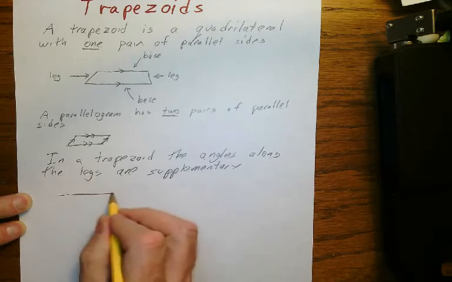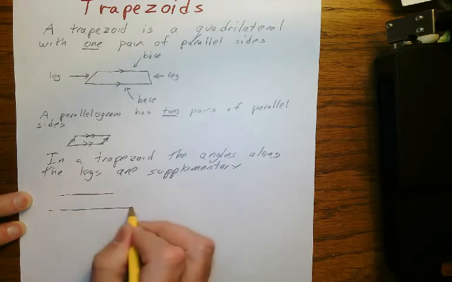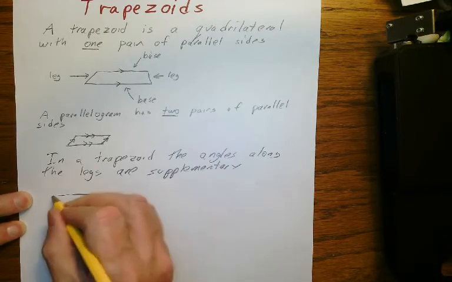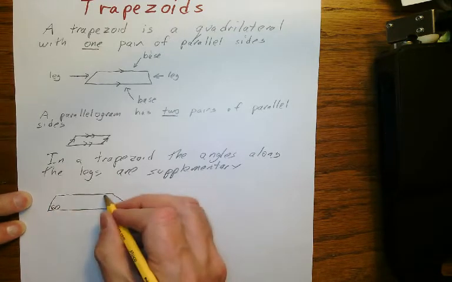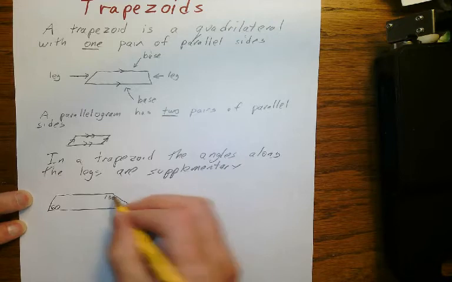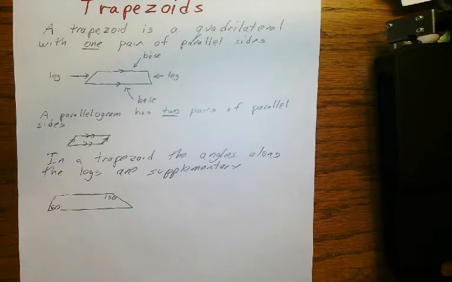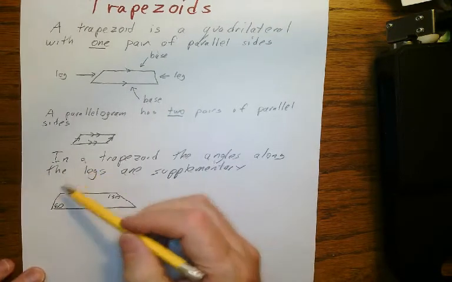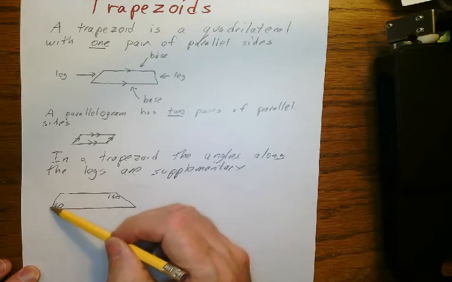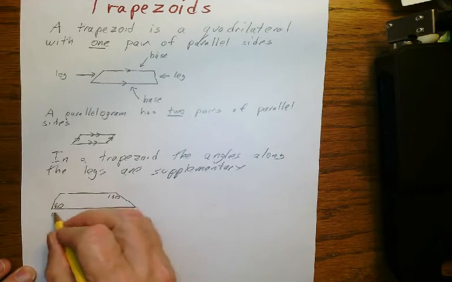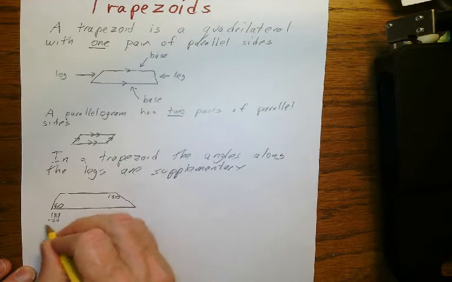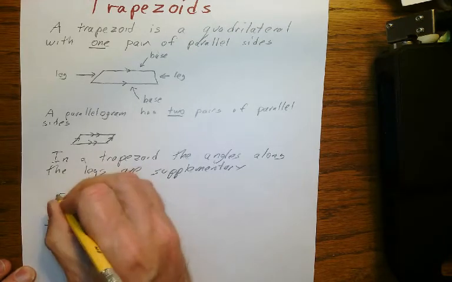So let's have a trapezoid. Let's say this angle is 60 and this angle is 130. Well, we can find the other angles because these angles right here add up to 180. So over here, if I do 180 minus 60, I get 120.